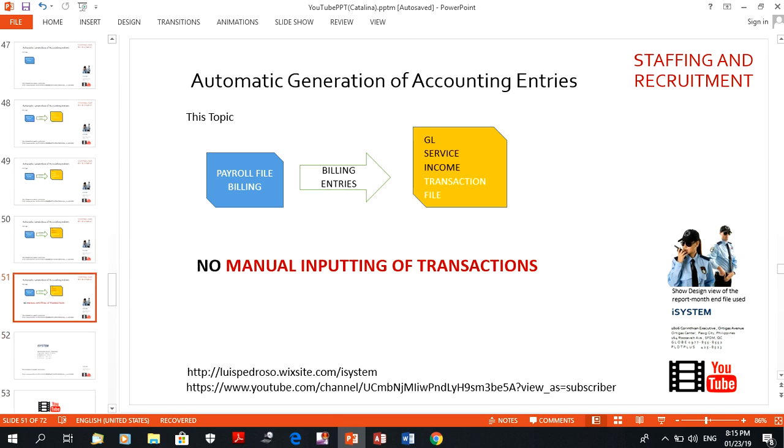The idea is there is no manual inputting of transactions, meaning it should be automatic. Why should this matter to you? Because you don't want to re-encode the same figures over and over again. This poses not only delay, but also probably will give you an error.